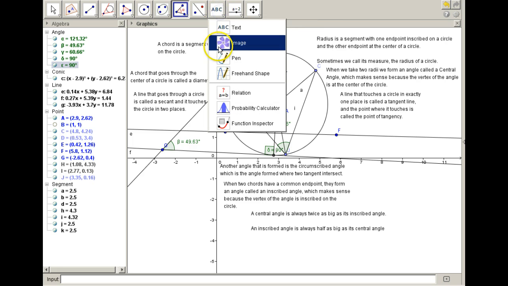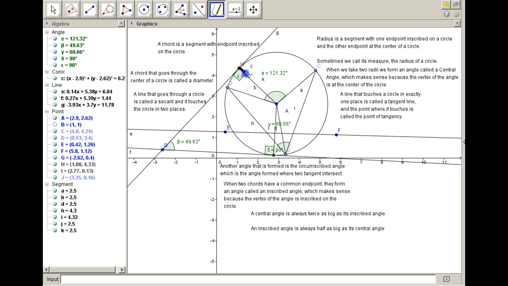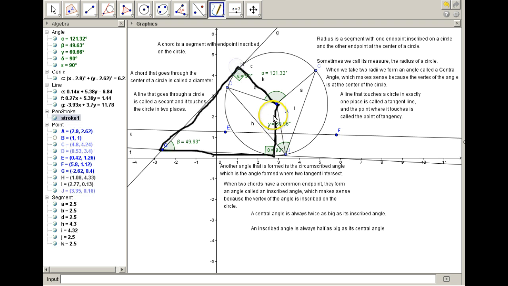When you have this quadrilateral that is formed, it looks a lot like a kite between these 4 points: the center of the circle, the 2 points of tangency, and the intersection point of these tangent lines, so that we have the circumscribed angle.